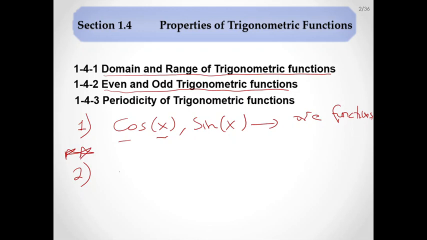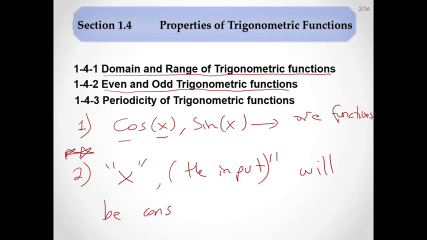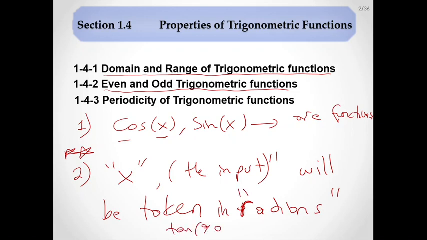Now x, the input angle, will be taken in radians. So this is very, very important. So we will not talk about tangent 90, but we will talk about tangent pi over 2.